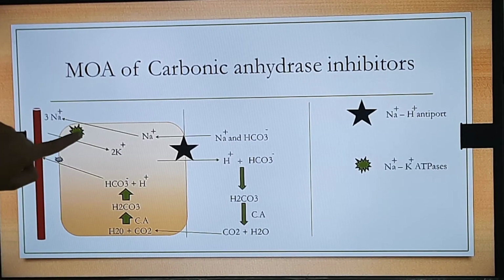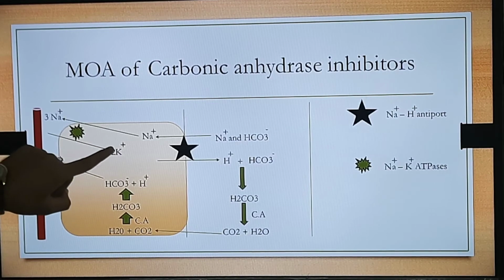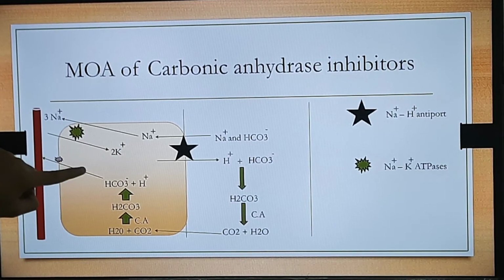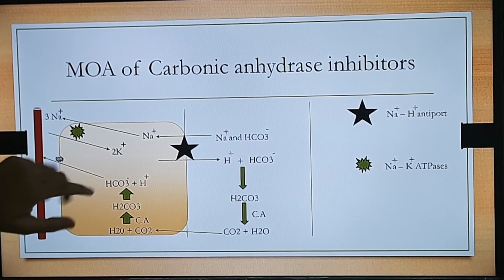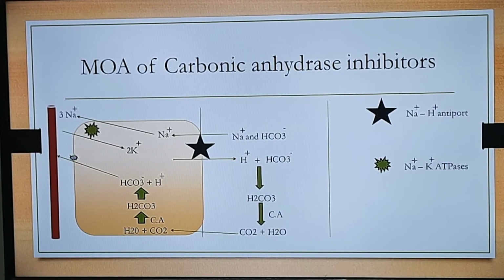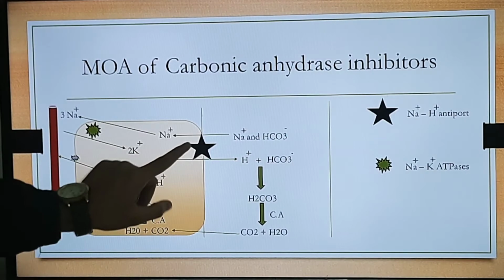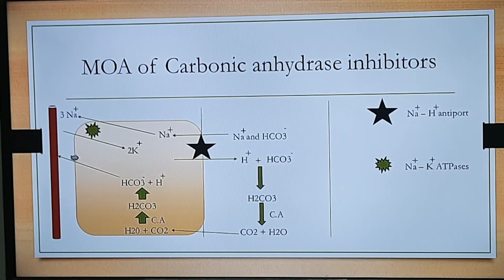So with the operation of this particular pump, जो sodium है that is constantly thrown out of this cell, so the concentration of sodium in this cell is low. Now ये जो हमने mechanism पढ़ा, it was about how, basically, ये जो सोडियम है, how it is getting reabsorbed back into our cell.